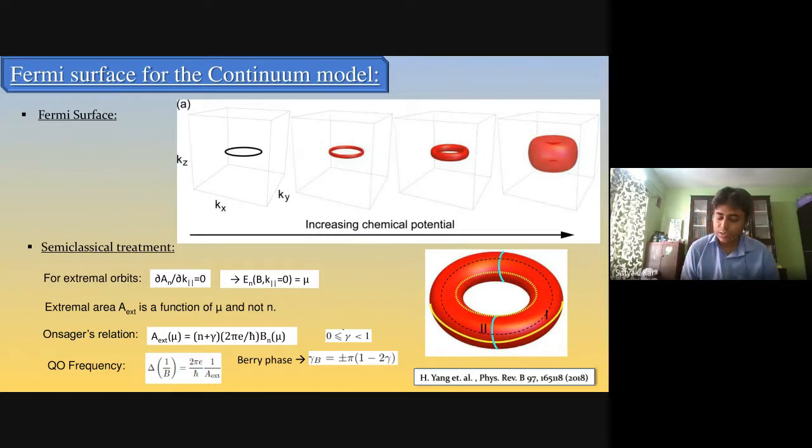For quantum oscillations, we again remember what we are trying to achieve. We are trying to understand oscillations which occur with magnetic field variation. Like in any oscillation, if you want to find the period, we have to fix one particular phase and then see when that phase comes back again.